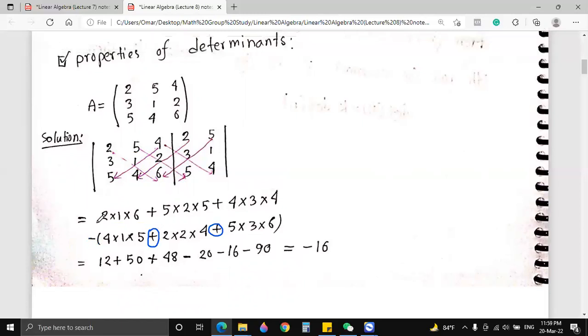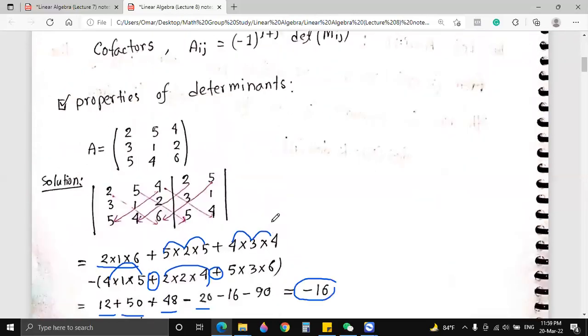So 2 multiply 1 multiply 6, that is 12. Then 10 times 5, that is 50. 12 multiply 4, that is 48, and then 4 multiply 5 is 20. We just do the calculation, nothing else. So the answer is minus 16.